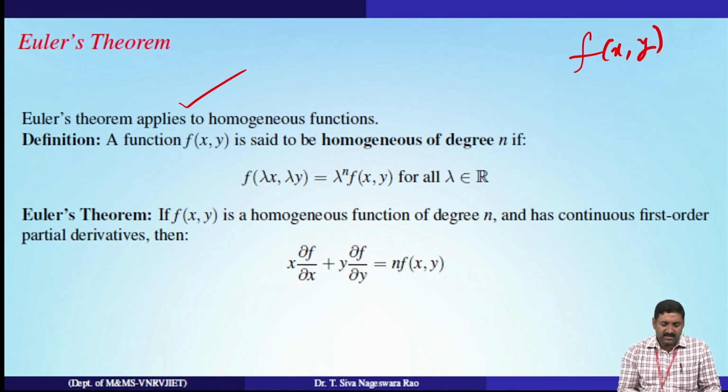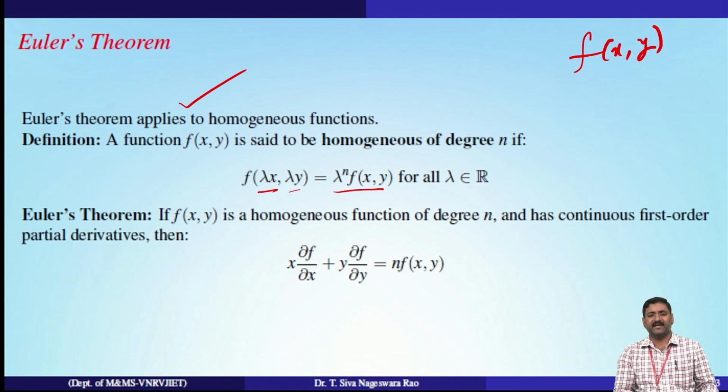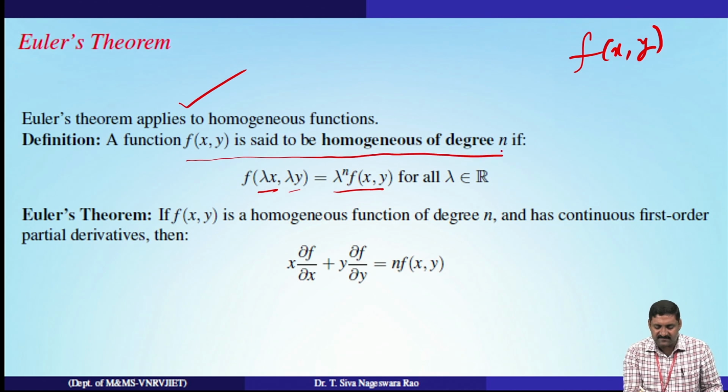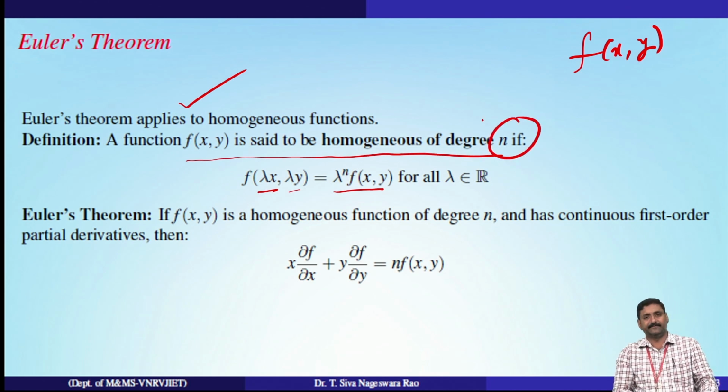The condition is, we replace x with lambda x, and y with lambda y. Then the right hand side function exists. That means if it is possible to take lambda power something as common from the whole expression, and the resultant expression looks like f of x comma y, then only we can say f of x comma y is a homogeneous function of degree n.